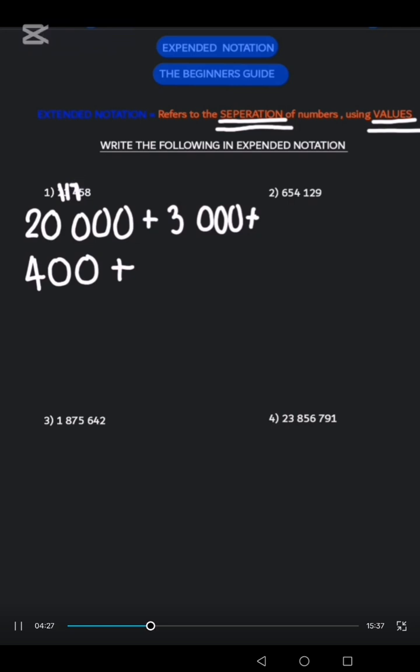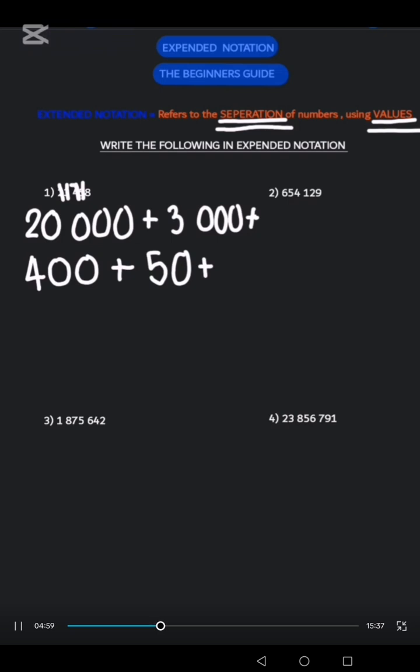Now our next number is 5, and we write 5 down. Then we look at the number on the right hand side of 5, and we change it to the number 0. That means 58 is equal to 50. Then we add a positive sign to show that we are moving on to the next number. Before we move on, we scratch out the number 5.